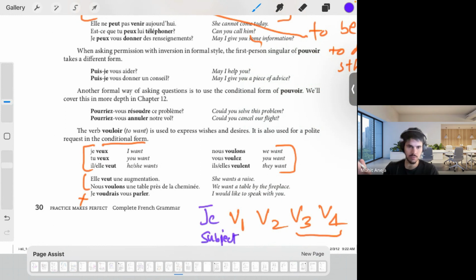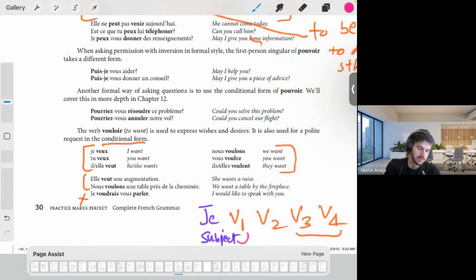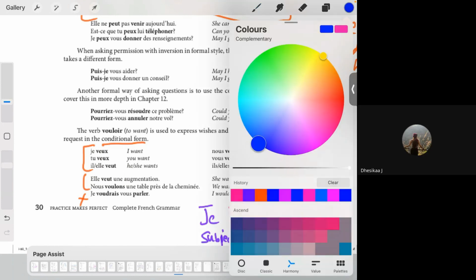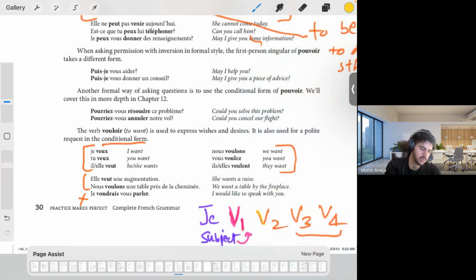Everything else has to remain in infinitive. So what it does is basically transfer that power of conjugation to the first verb itself. Everything else is in infinitive. So this verb will get conjugated, but the rest will all be infinitive.